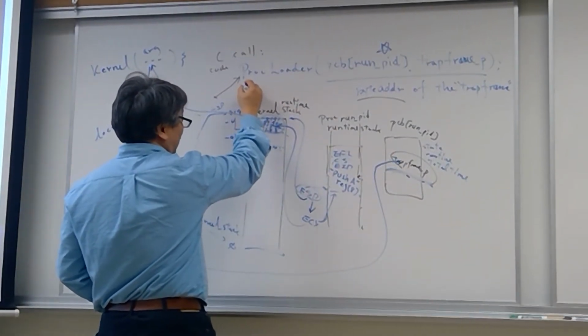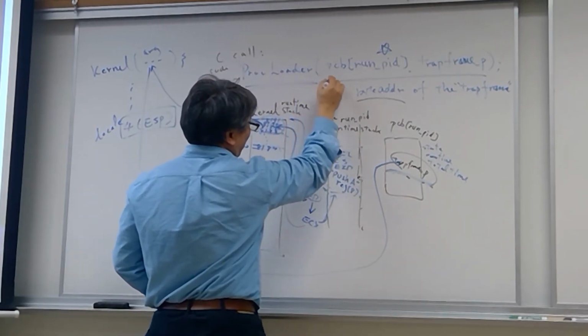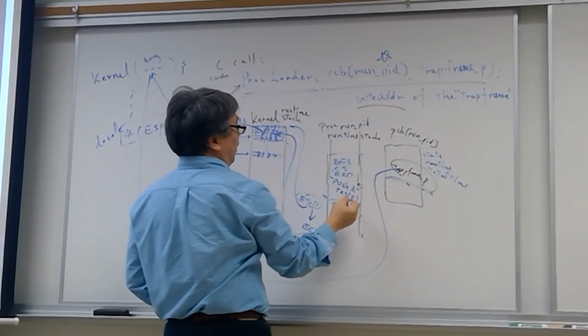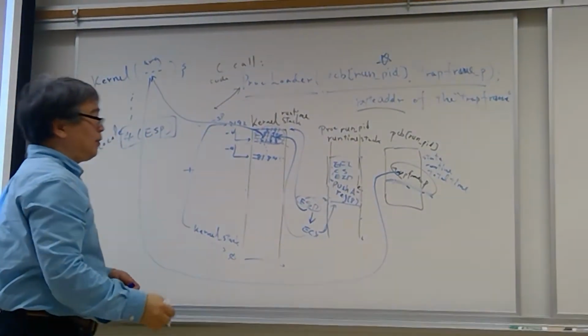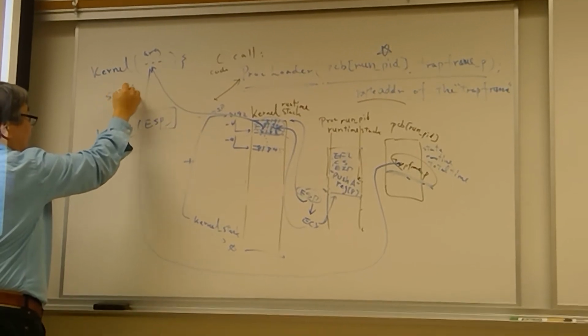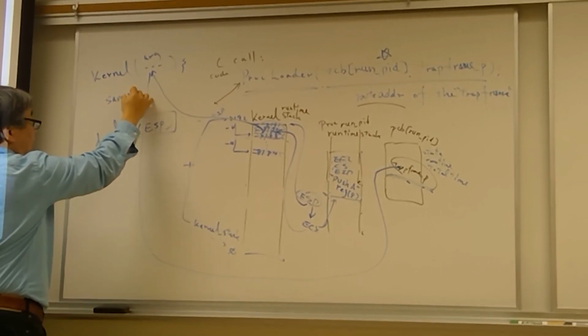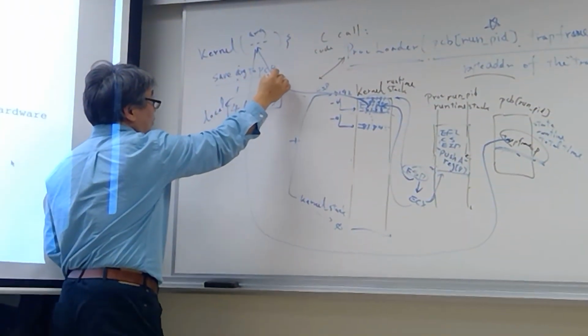The kernel can load the process by knowing where to load, where this traffic has been built. So here, the first thing you do is to save this argument to the PCB of the running process.